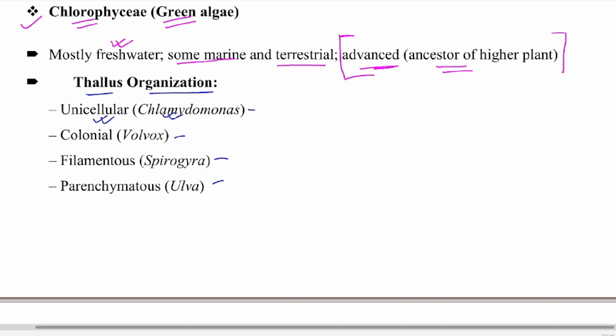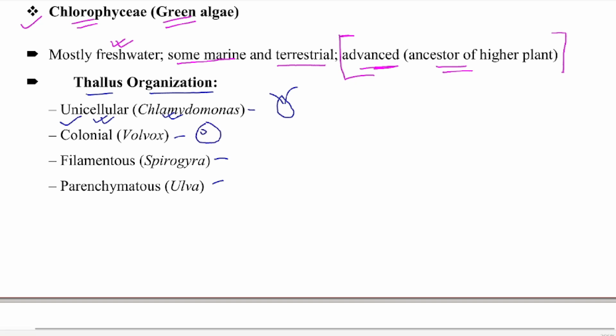Remember that this is Chlamydomonas with the bifurcated structure, it is unicellular. In the case of Volvox, it forms a colony, so it is a colonial type of algae.